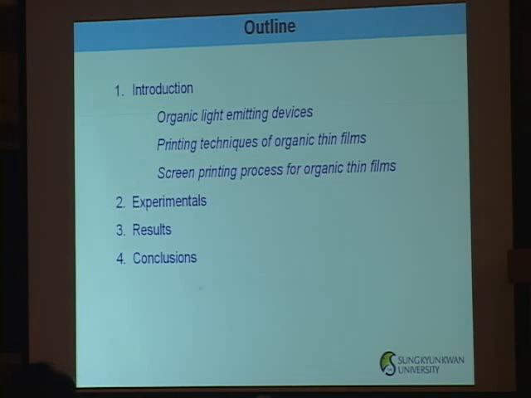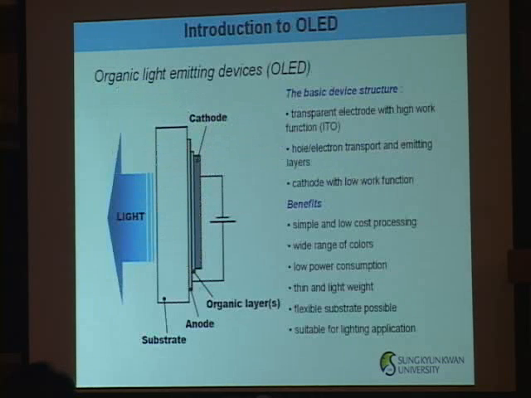As you all know, organic light emitting device, which is called OLED, has three different layers. One is a transparent electrode with high work function, such as ITO. Another electrode is cathode with low work function, such as calcium or lithium fluoride aluminum.